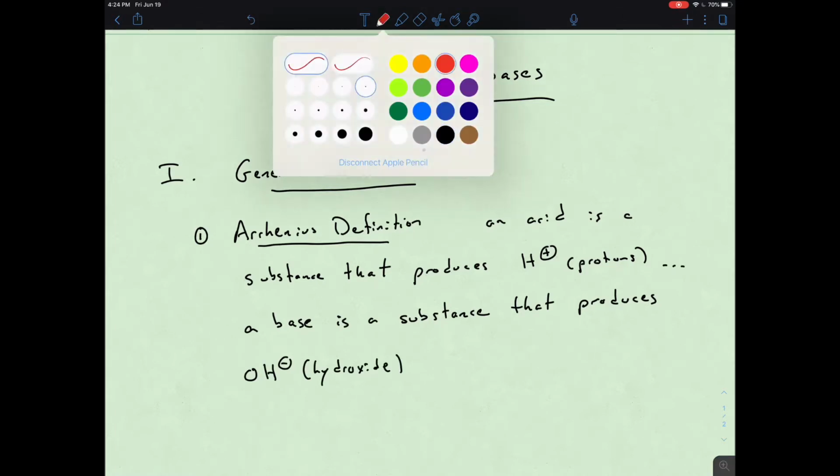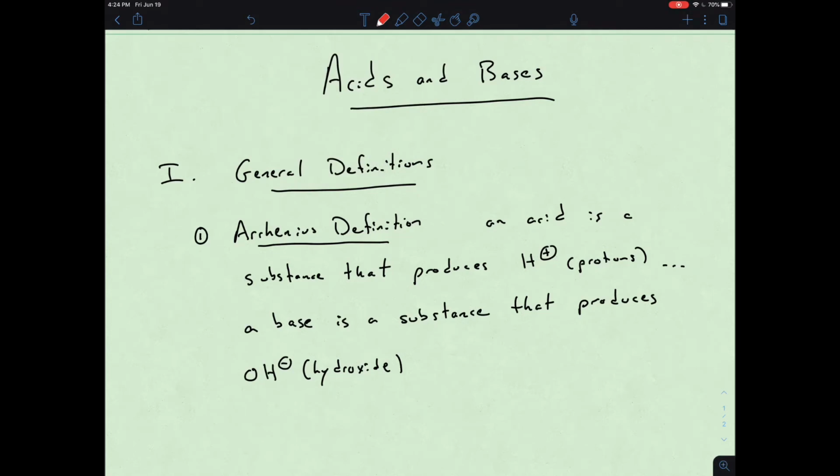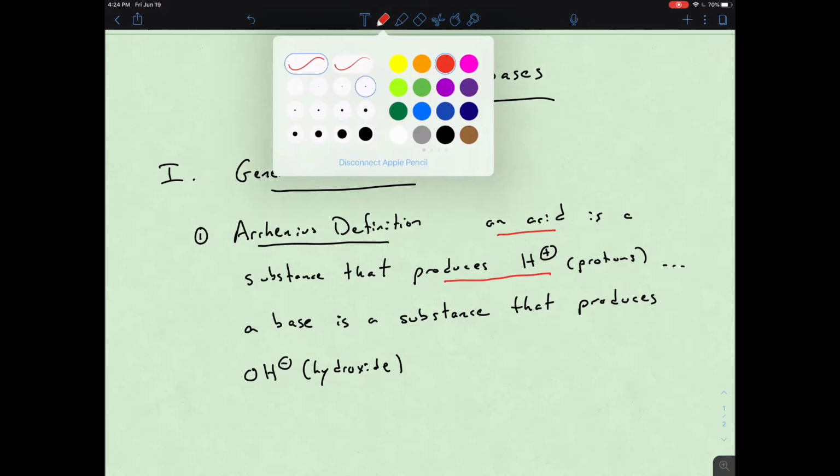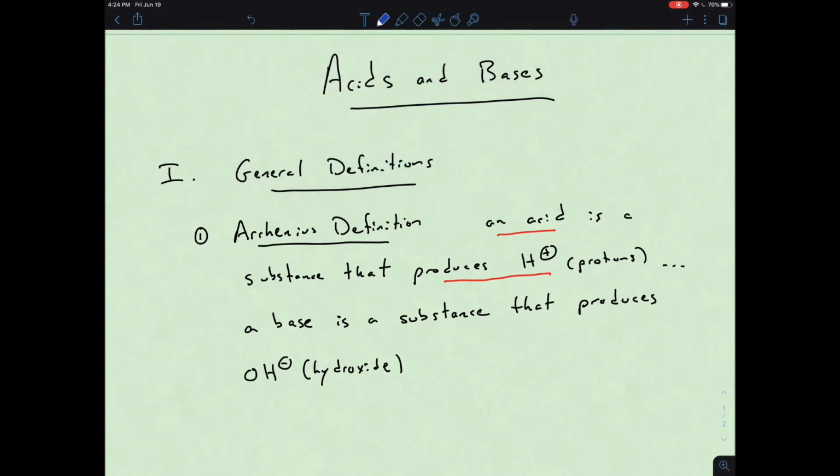So that's the Arrhenius definition. It's really kind of the simplest definition: an acid produces protons and a base produces hydroxide.